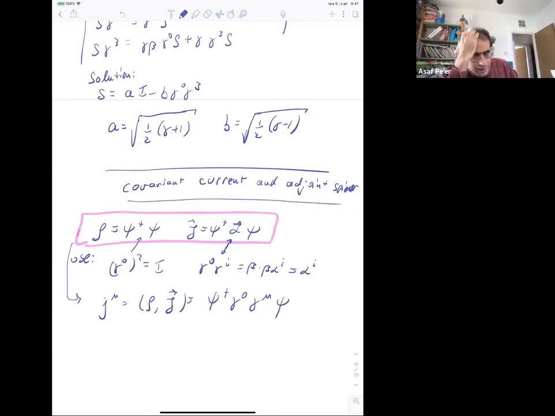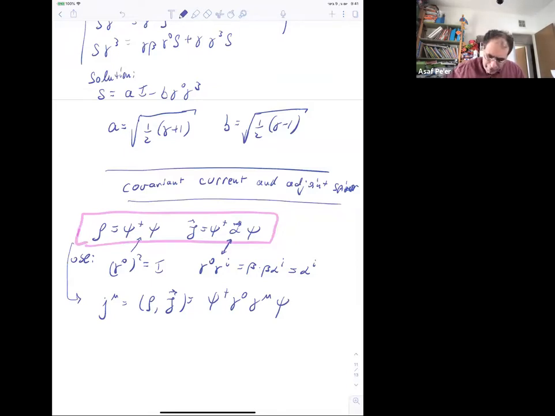Now, it can be verified that J mu is a proper 4-vector. I'm not going to give you the full proof, but it appears in the appendix in the book by Mark Thomson. In appendix B, you'll find the full proof there.